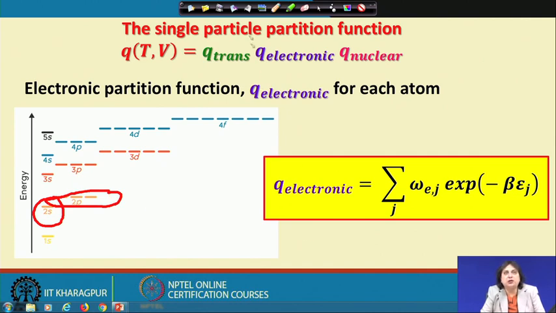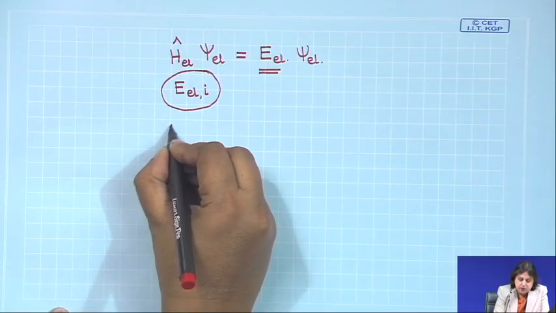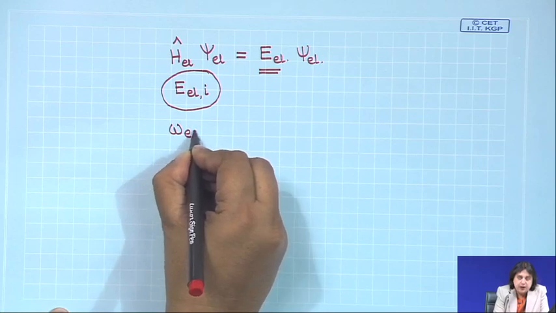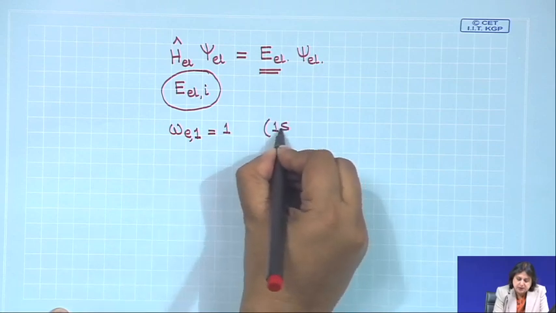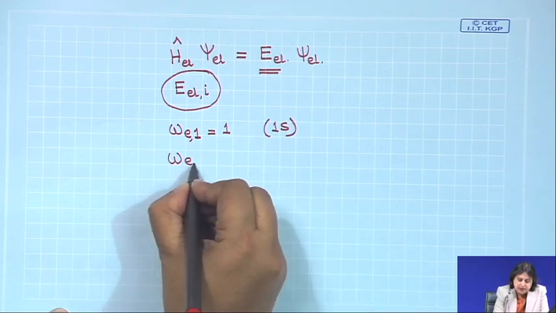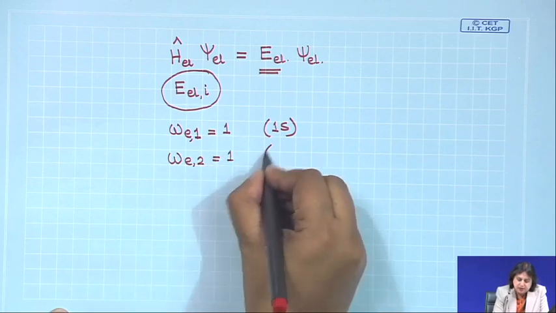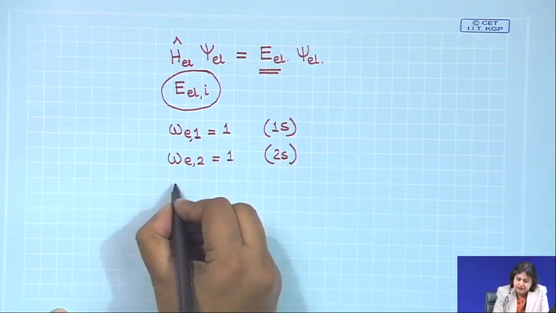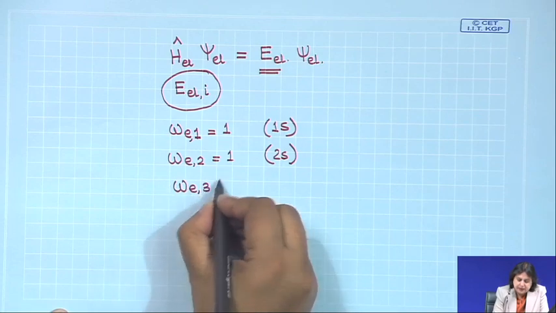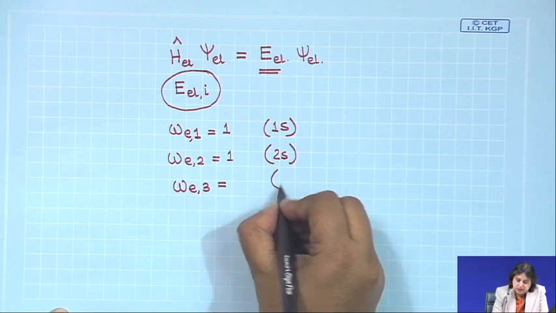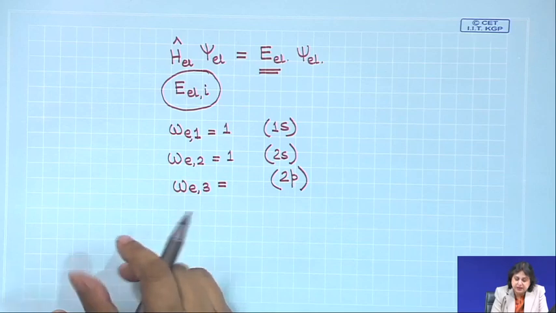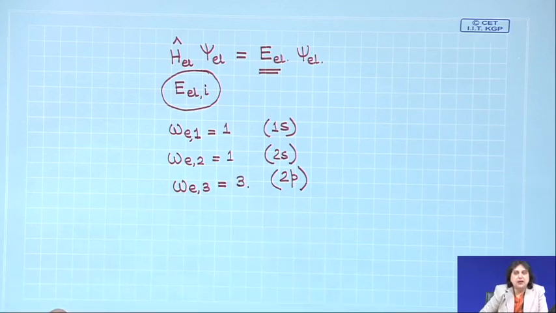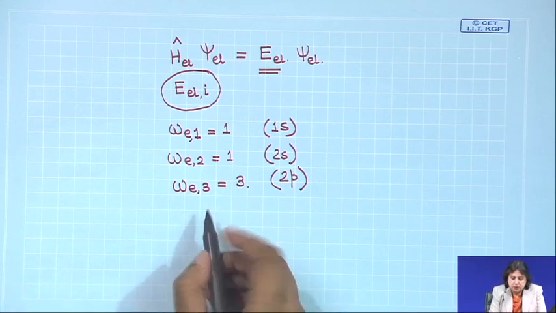So, for this particular picture, I have omega E 1 equal to 1, because it is a 1s orbital, omega E 2 equal to 1, corresponding to a 2s orbital, and then omega E 3, where I have the 2p orbitals. There are 3 2p orbitals corresponding to the same energy value, so omega E 3 is equal to 3, and so on and so forth.